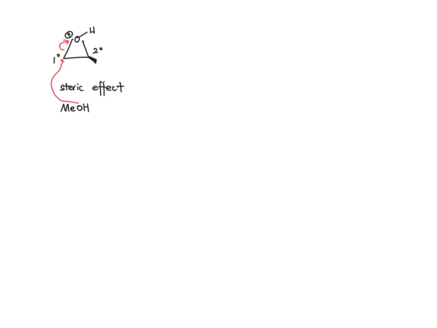I'm not going to draw the full reaction mechanism, but the product here will be OH right here, and you have this methyl right here. Okay, so if it's a primary carbon and secondary carbon, you will have the steric effect. The nucleophile will attack at the less sterically hindered carbon. So it gets really complicated when one carbon is a tertiary carbon.